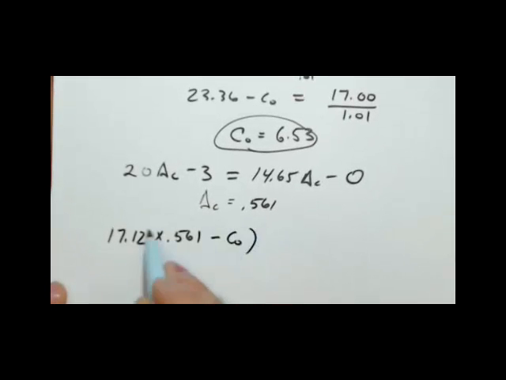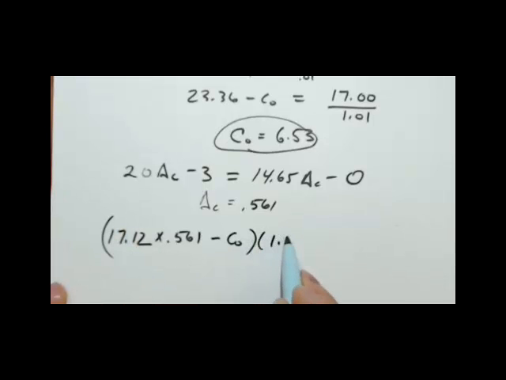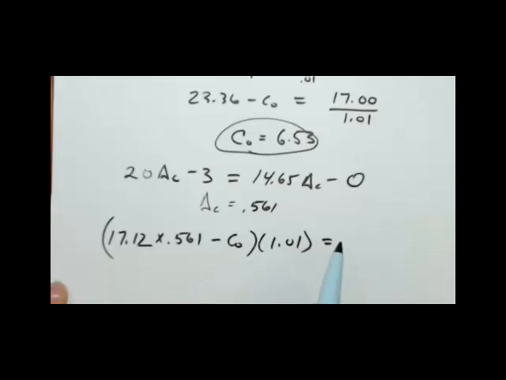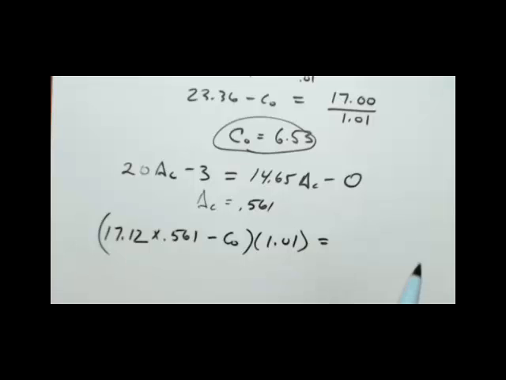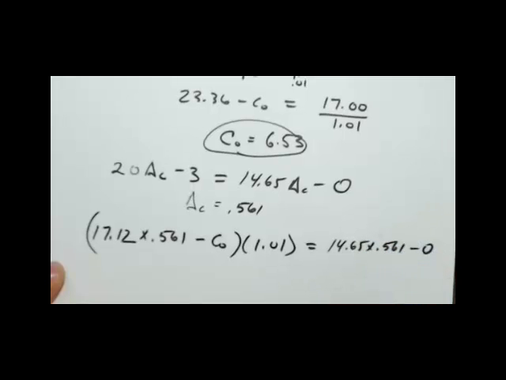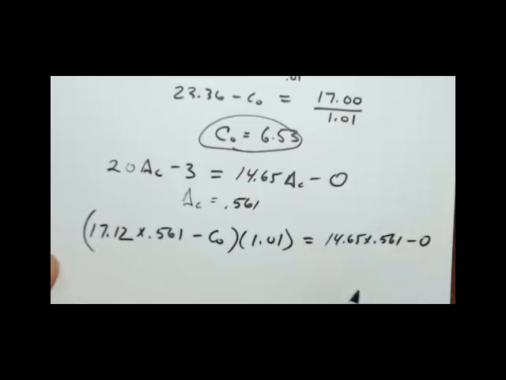Minus C subscript 0 times 1.01 will equal, it doesn't matter if I do the up node or the down node, but let's do the down node because mathematically it's a little simpler. So it's 1465 times 0.561 minus 0. That minus 0 just makes the math a little bit simpler.